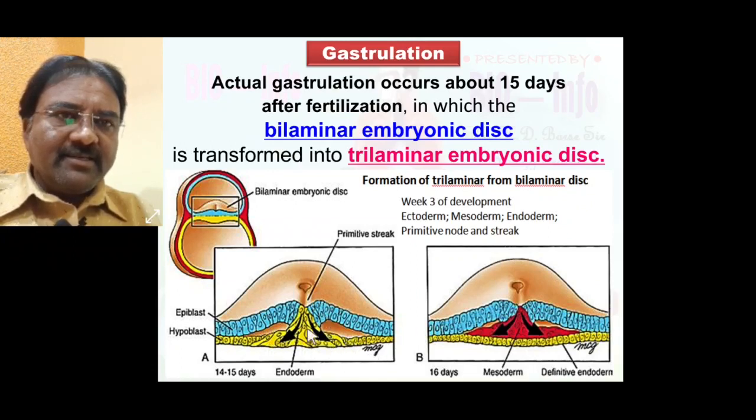Here we see the primitive streak developed on the bilaminar disc. Here the primitive streak emerges between both layers.